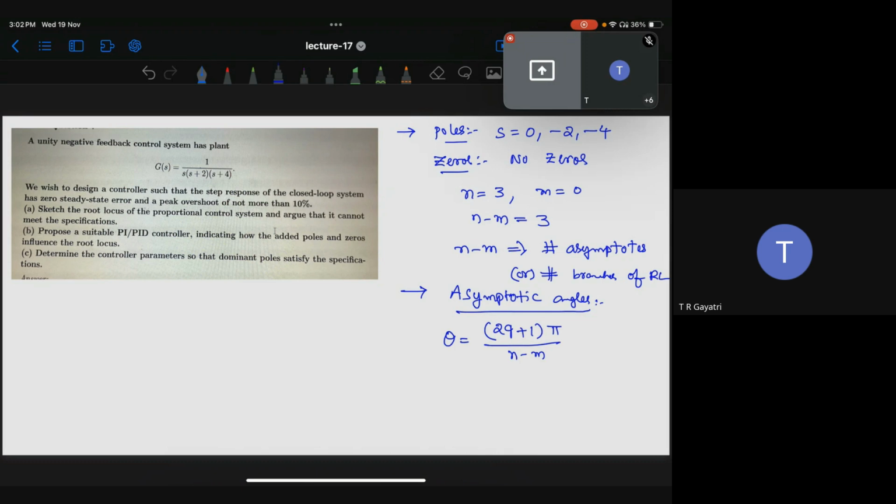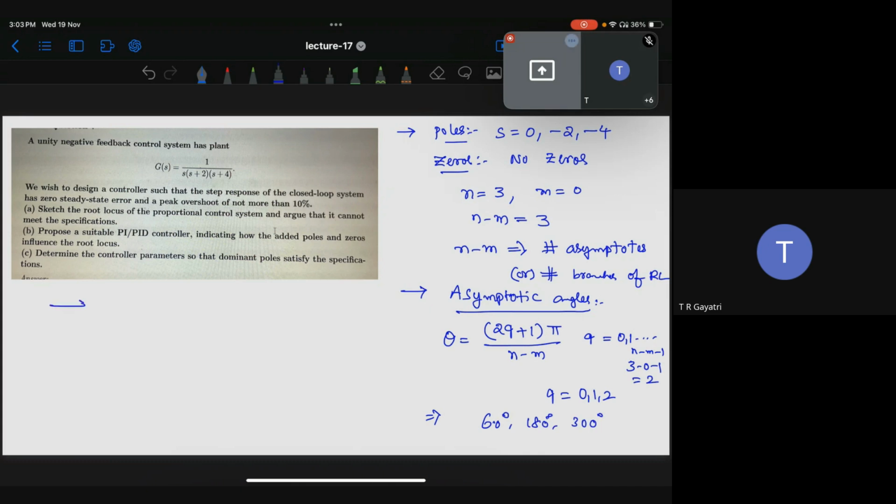What is q here? q is 0, 1, 2, 3, etcetera, up to n minus m minus 1. That is 3 minus 0 minus 1, which is 2. So q is 0, 1, 2. If you substitute, you get 60 degrees, 180 degrees and 300 degrees.